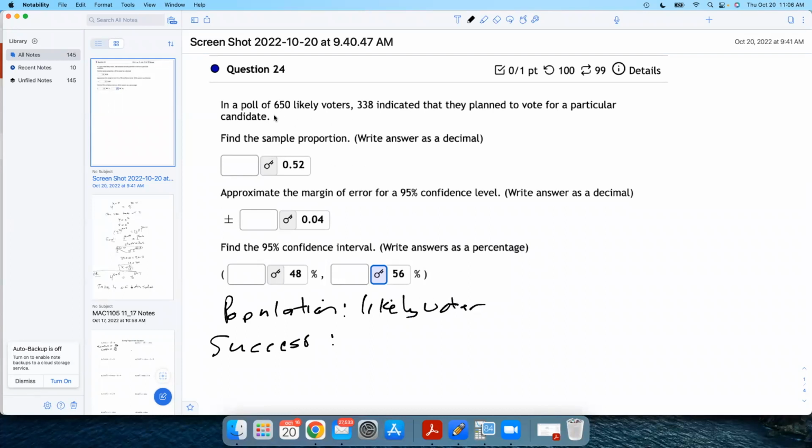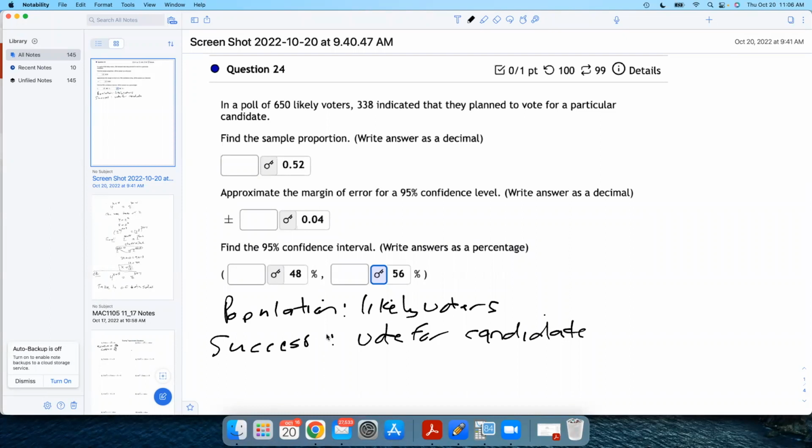Not these likely voters, that's my sample. My population is all the voters, and I took a sample of 650 from that population. And success is they're going to vote for this guy. Or plan to vote for him.